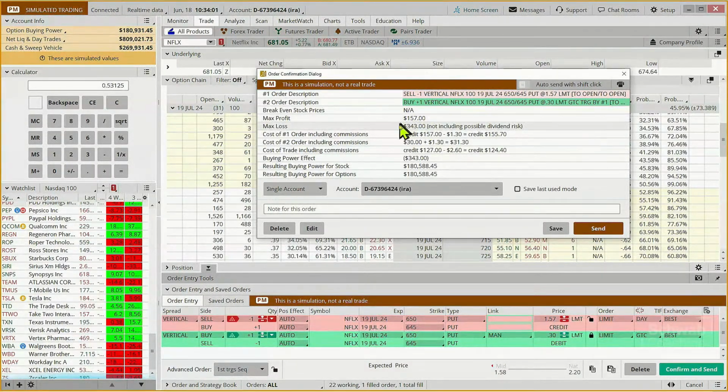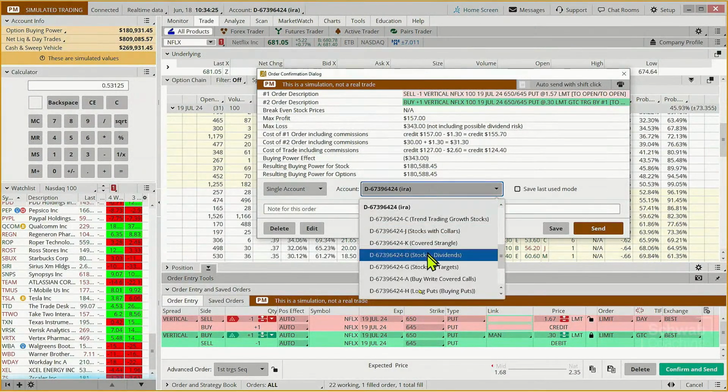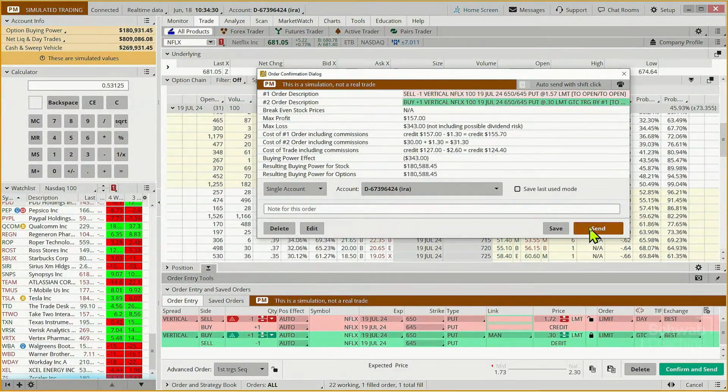And our max loss, if we close it out prior to expiration, is $343. 1% per day refers to, if I take this here, the most I can make is 157, and the most I can lose is 343. If I divide this into this, let me put this in. I don't have a short put vertical group created in this account, so we're just going to go ahead and send that in.